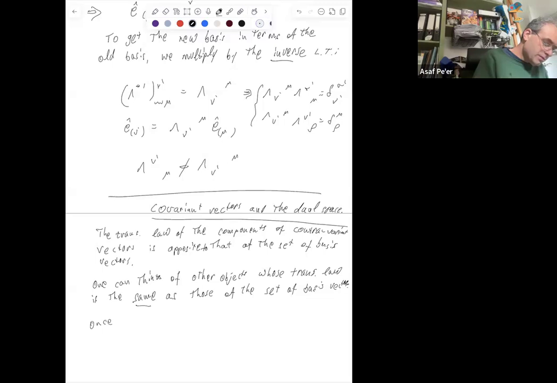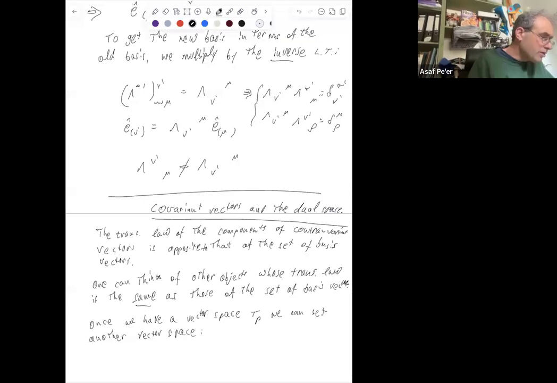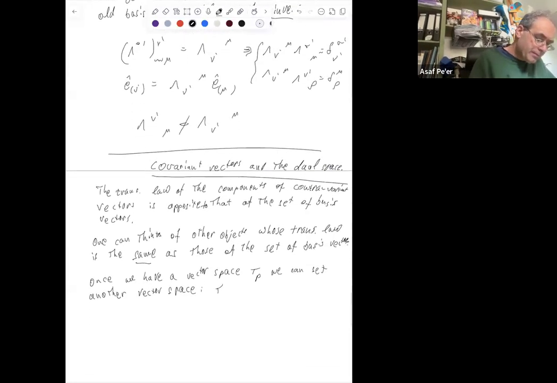So once we have a vector space TP, we can set another vector space known as the dual space, which is denoted by TP star.